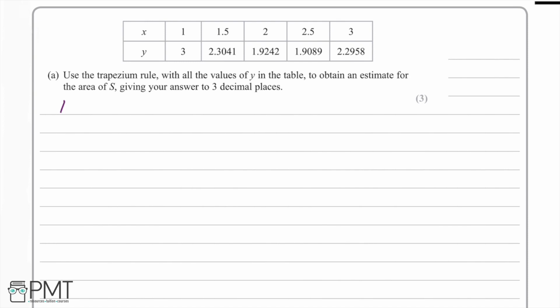We can work out the area using the trapezium rule by doing 1/2 times h, where h is the width of each bar, and then we're going to have big brackets, and we're going to have y0 plus yn, and then we're going to add this to 2 lots of y1 plus y2 plus all the other y's all the way up to y of n minus 1. Then we close our brackets. So this is the trapezium rule.